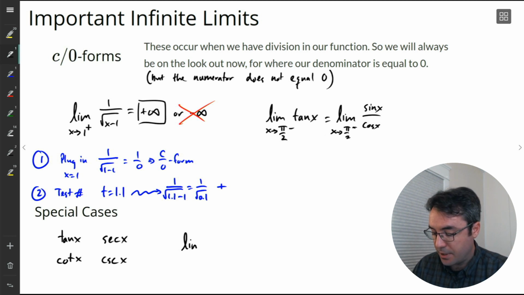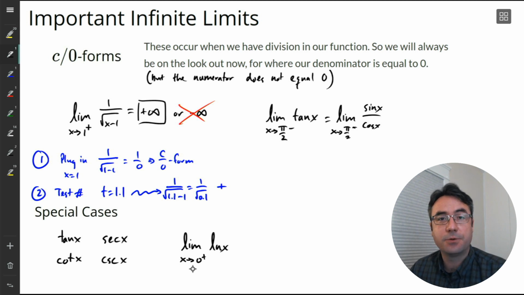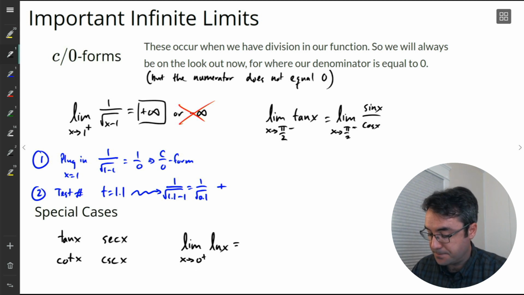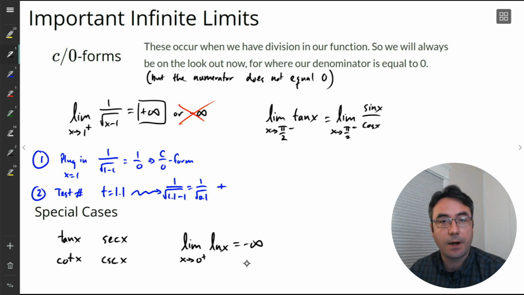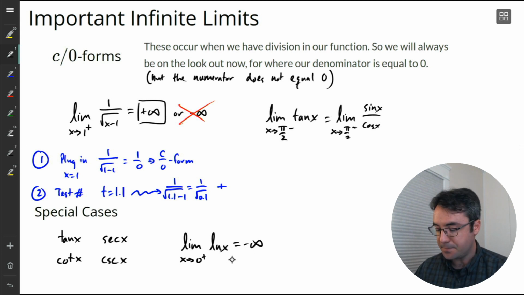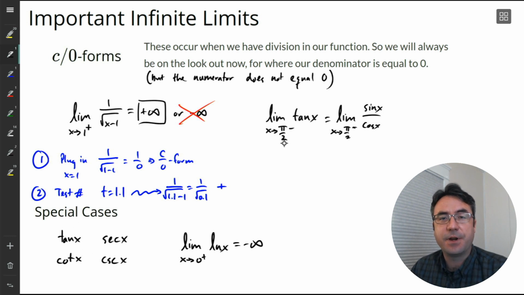One other case that we're going to be considering is natural log x. So you might see this one as well. And this is where, when x approaches 0 from the right, our log function gets really large negative. So we have this other limit as well. So tangent, secant, cotangent, cosecant, those all have infinite limits at various multiples of pi or pi over 2.